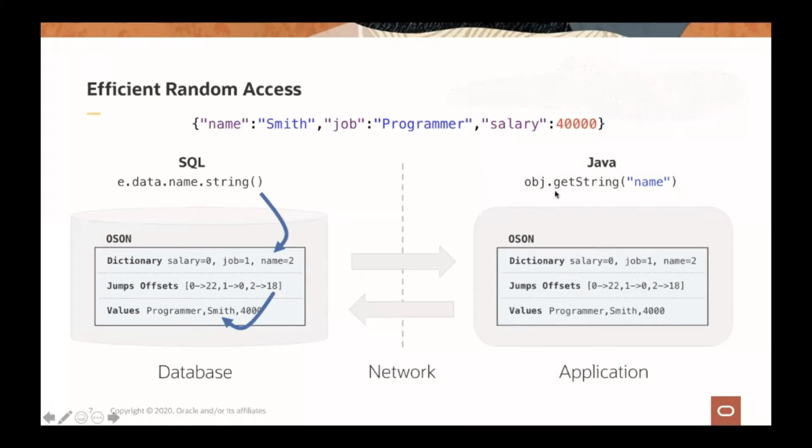And then if that Java application has a reference to this object, and it says get string of name, tries to get the name value of the programmer, the JDBC driver internally does the same trick. It's able to jump to the name of this programmer without touching the job or the salary. So as we're seeing examples and we're going through JDBC, I want everybody to be aware that this is what's going on underneath the covers.